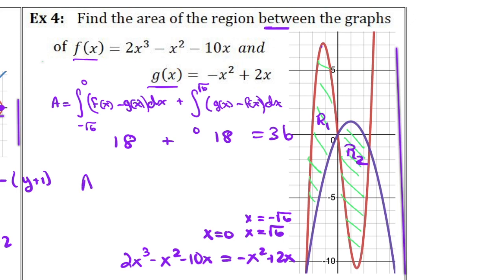What if we wrote the area is equal to the integral from negative root 6 to root 6, and instead of worrying about which values are positive and negative, what if we used an absolute value around that difference?